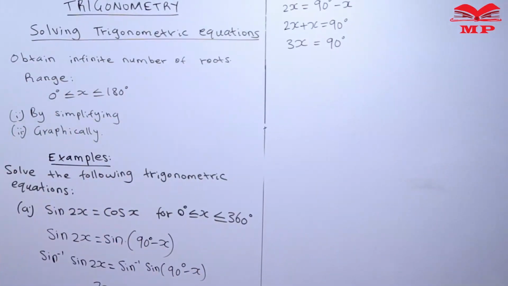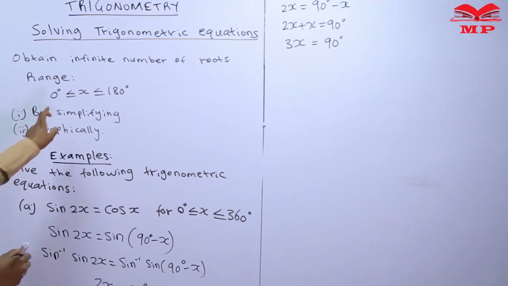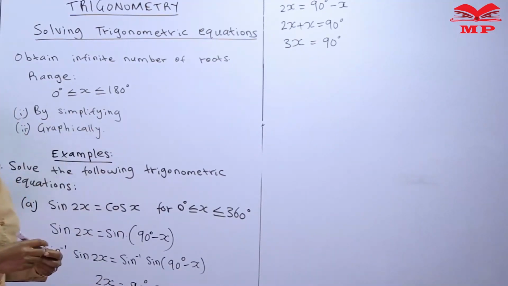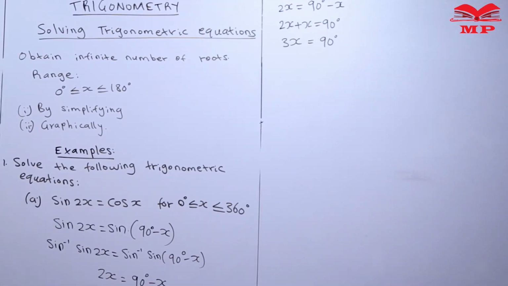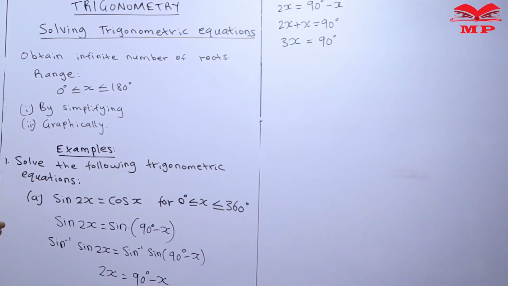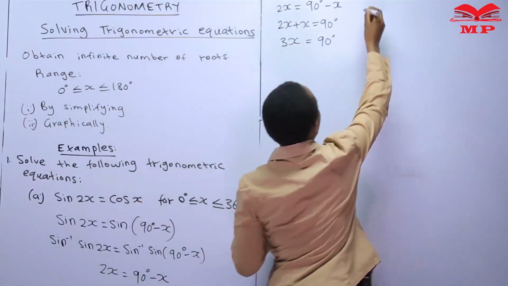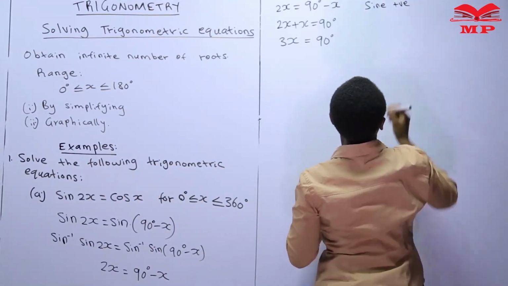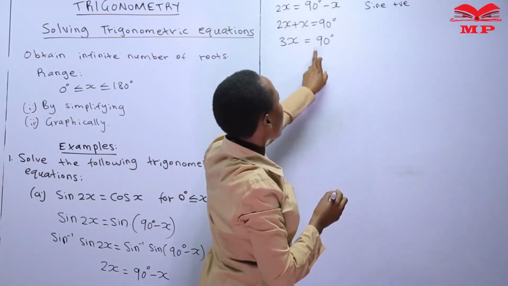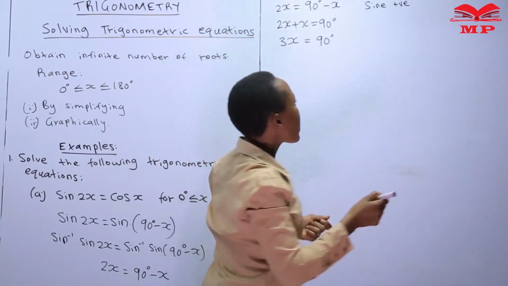Now I want us to be very keen here, because we want to get the answers within this range. As you can see from this, our sine is positive. This trigonometric ratio is positive. And we have seen the first one, which is 90 degrees.